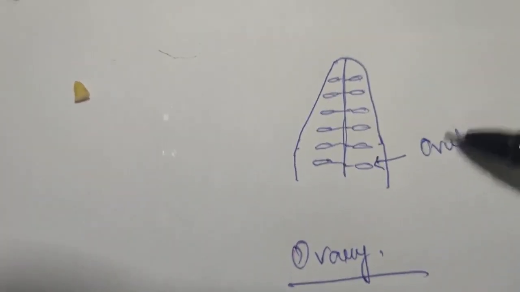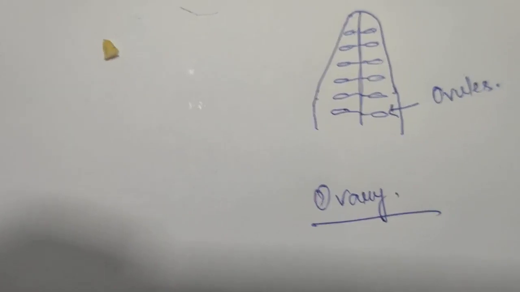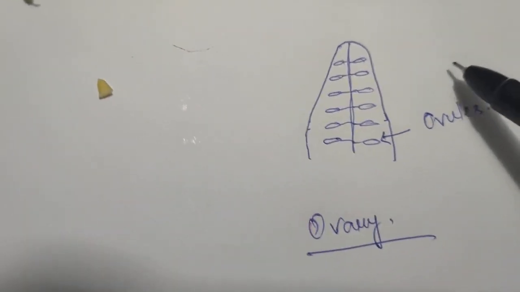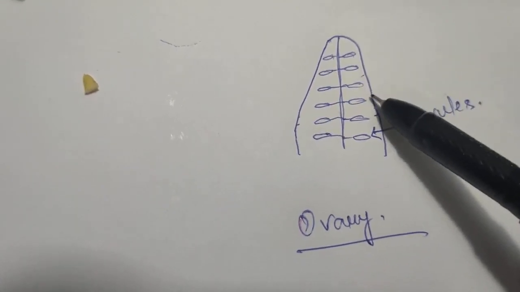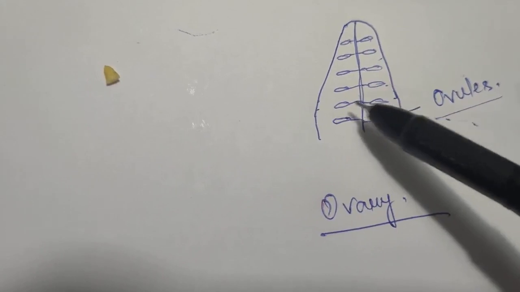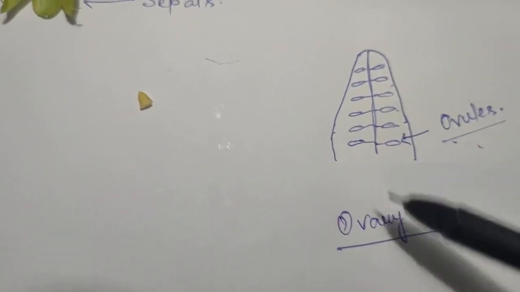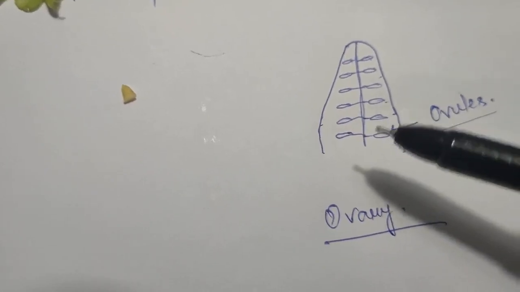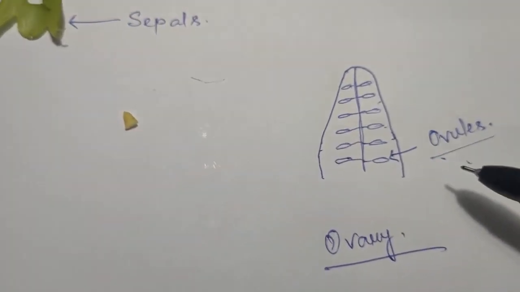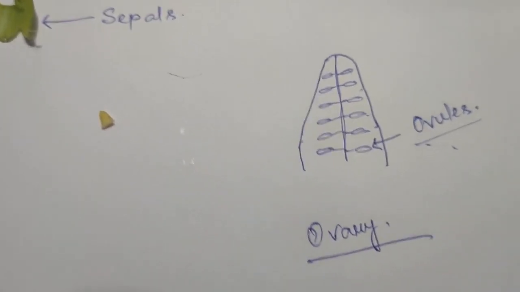This is the ovary, and this is the cross section after cutting it. I found it like this, and here small bead-like structures can be seen inside, and these bead-like structures are known as ovules. When we cut the ovary, we find a structure like this, and these are known as ovules, which play an important role in the reproduction of the flower.